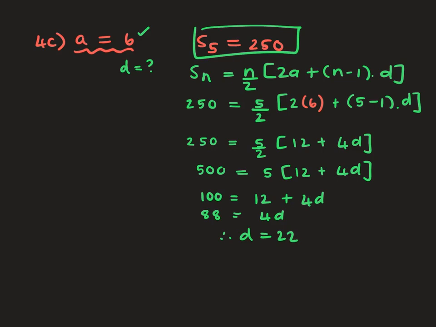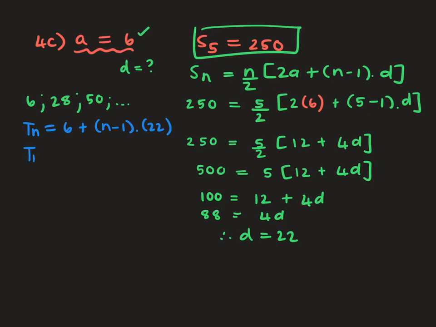Cool. So your pattern is going 6, 28. Then we add 22 again, 50, right? That's what the pattern is looking like. The question said we need to calculate term 12. So, I mean, we can just keep adding 22, but I'm just going to calculate the general term for this pattern. So, Tn is equal to a plus n minus 1 times d.